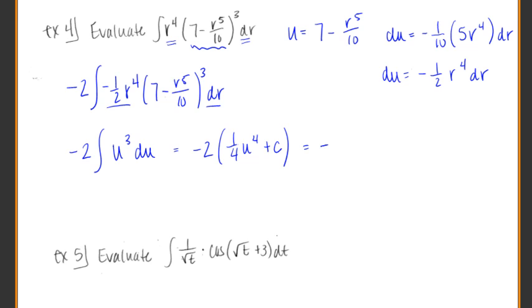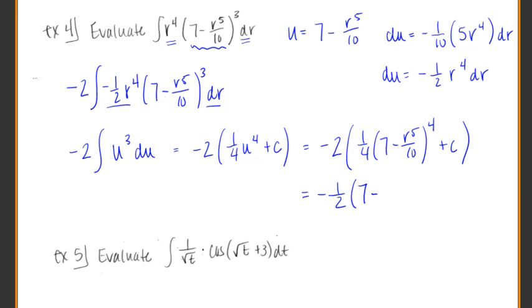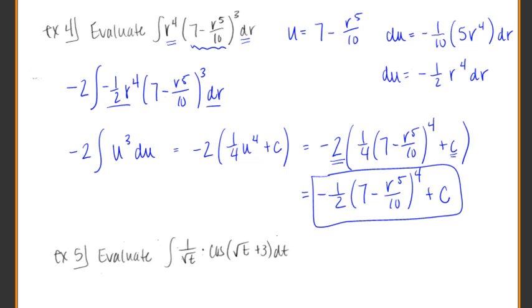And now my substitution, so negative 2 times 1/4 my u, which is 7 minus r to the 5th over 10, that to the 4th power, and then plus c. So bringing in that negative 2, and we can call this finished. We'll make that a negative 1/2, parentheses, 7 minus r to the 5th over 10 to the 4th, and again, anytime you're multiplying a constant to your c, you just keep it as a c. All right, let's go on to the next one.